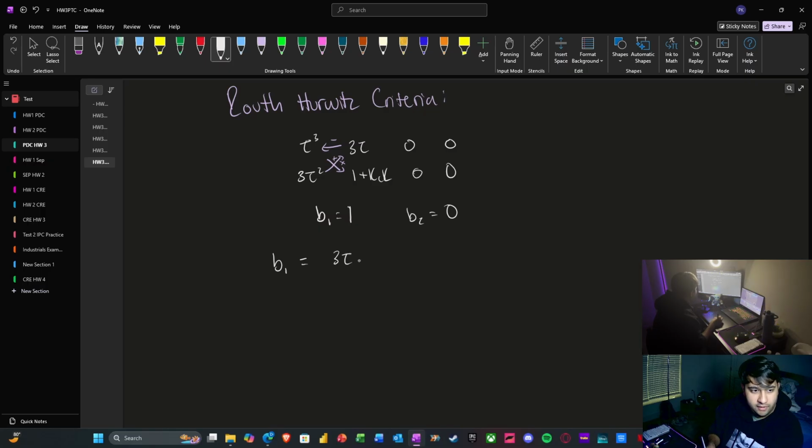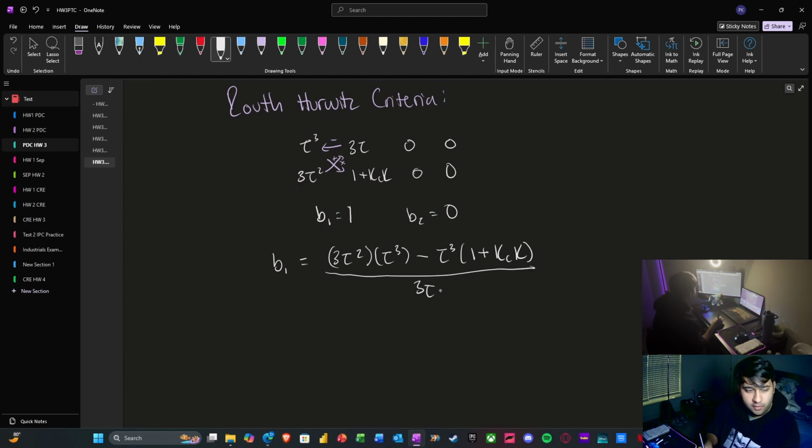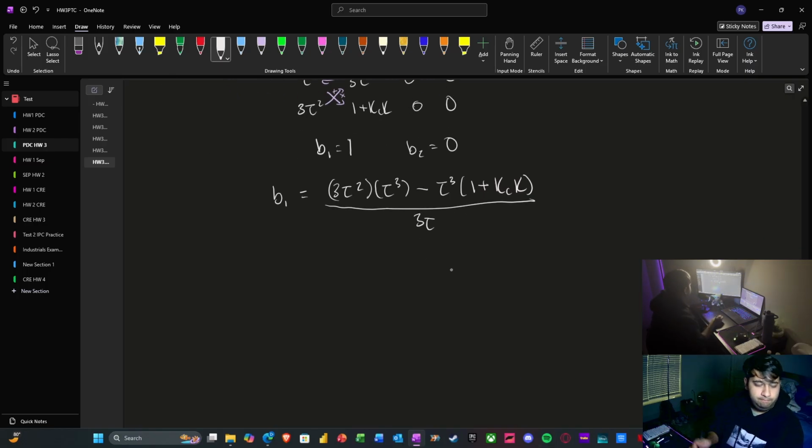Essentially what we're going to have is 3 tau squared times tau cubed minus tau cubed times 1 plus KcK, all over 3 tau.